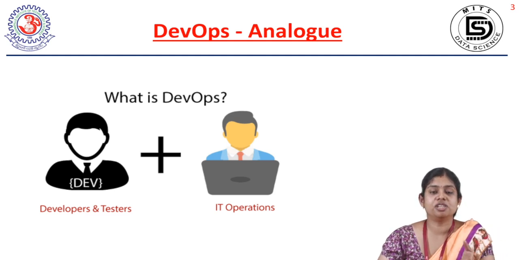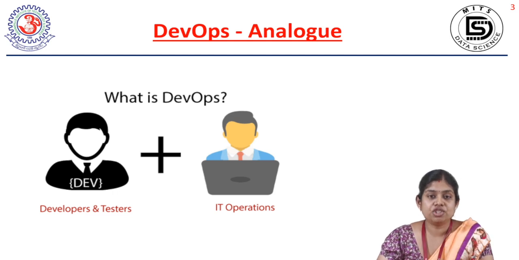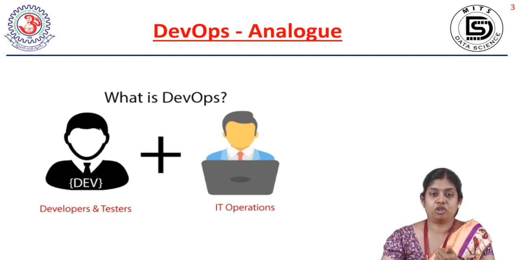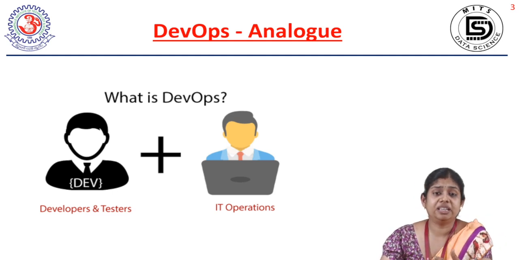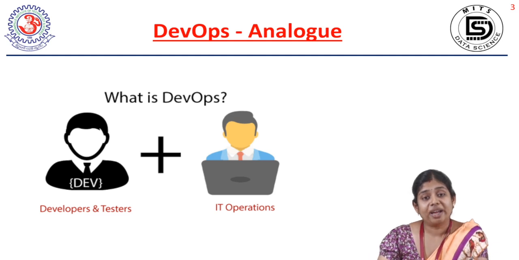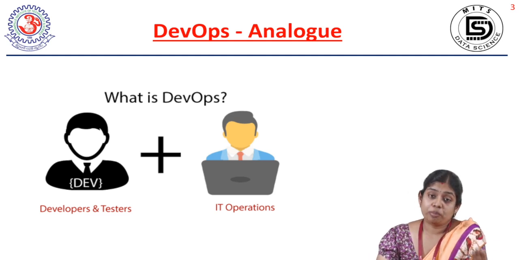So DevOps is not something which is a tool or something like that. It is a culture, which is now being widely used in corporates. Previously we had the waterfall model, which always went from left to right, starting from developing, then the testing, and then the product is delivered, and then if any complaints are there, they go back again to the requirements phase.